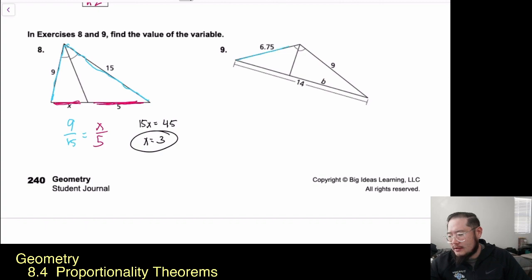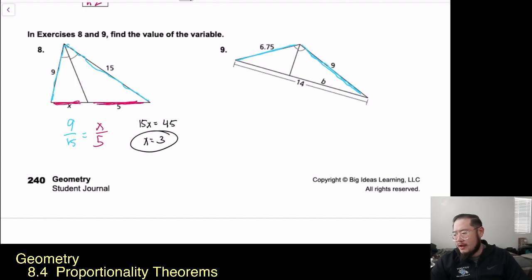I've got my two sides right here, and then the side opposite of the bisecting angle, which happens to be 14. But we never saw anything in the examples in regard to the entire side. Well, what do I do here?